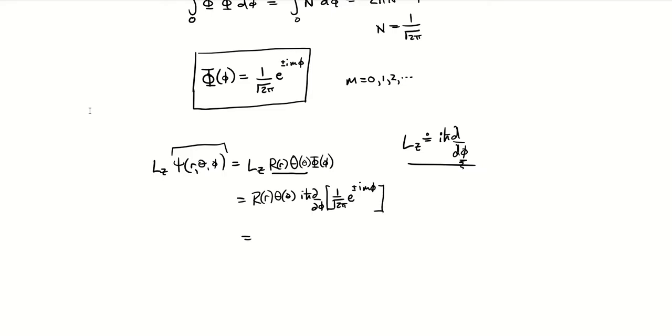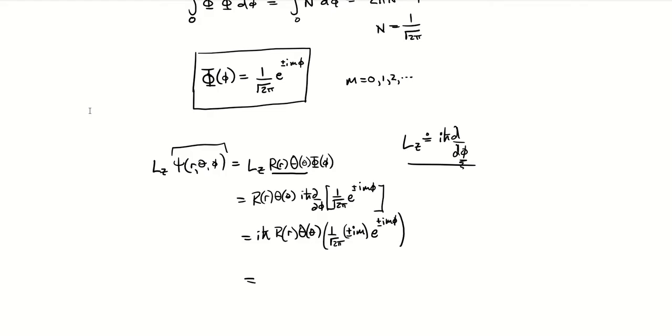This gives us i h bar R theta of theta times the derivative of this, which is just going to be 1 over root 2 pi plus or minus i times m e to the plus or minus i m phi.